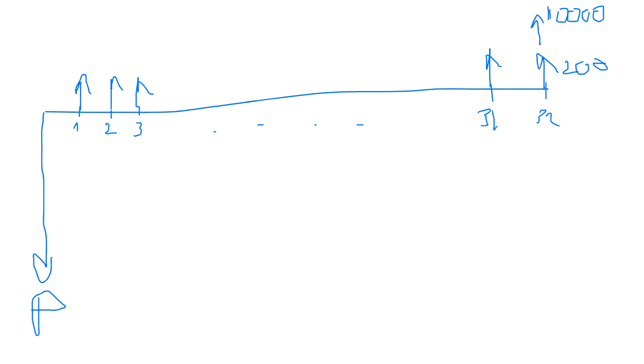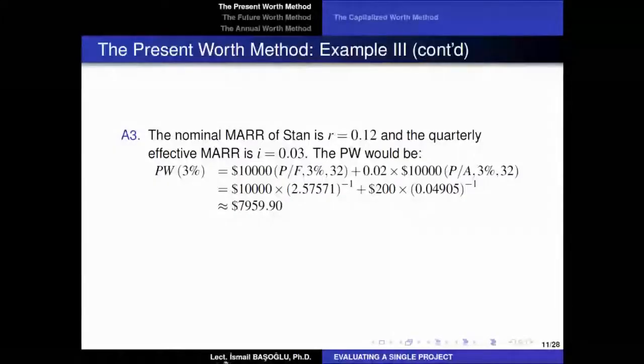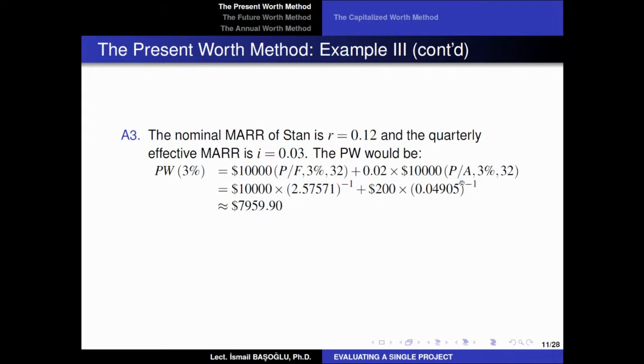So we would like to calculate the present value of these future cash flows under a nominal interest rate of 12%, which introduces an effective minimum attractive rate of return of 3% per quarter. So we need to multiply $200 by the uniform series present worth factor under 3% effective periodic interest rate for 32 periods.